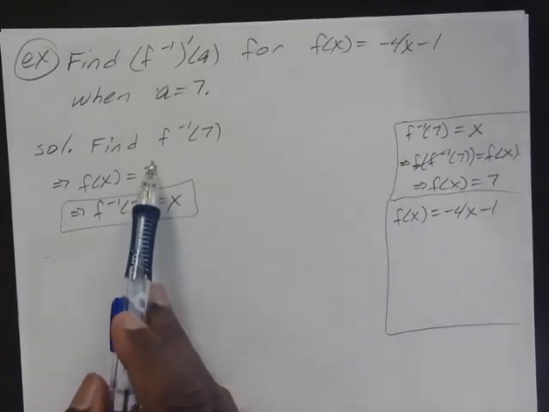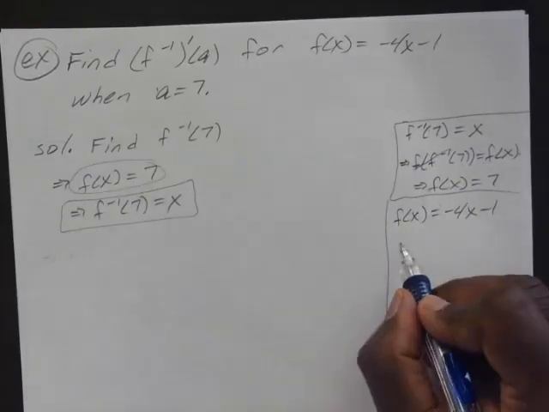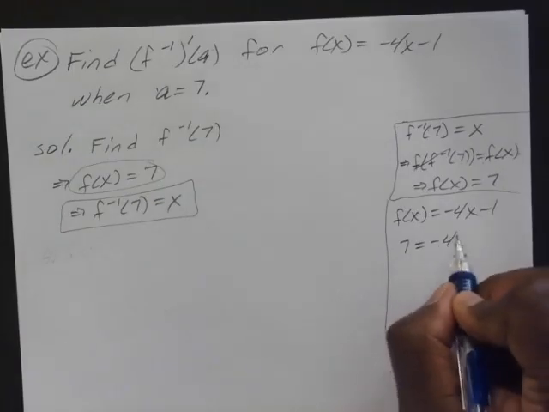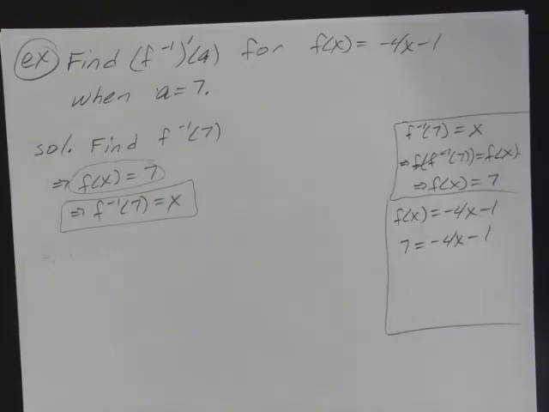Okay, so if f of x is equal to 7, that means that 7 is equal to negative 4x minus 1.